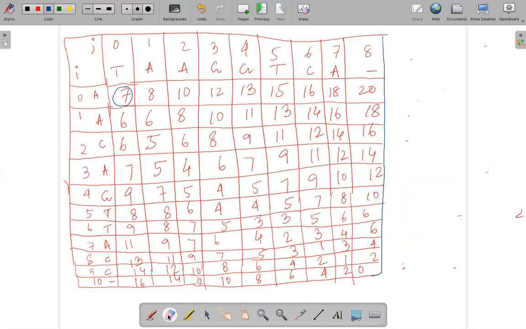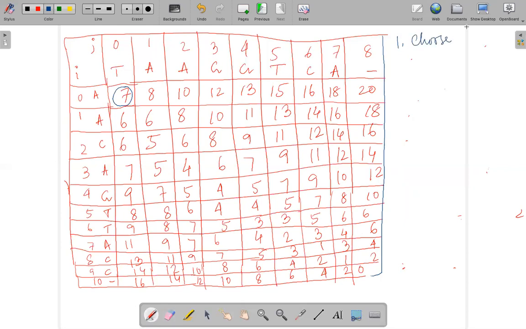Once we have built the table from this cell to this particular cell, now we have to move in the opposite direction to trace how we reached 7. So let us take the following steps.